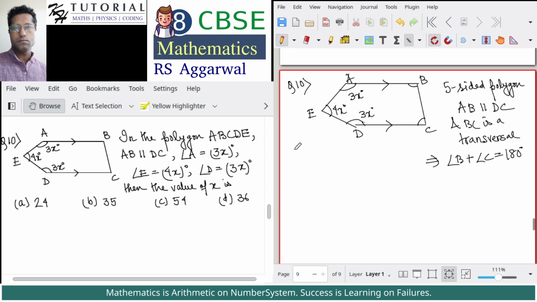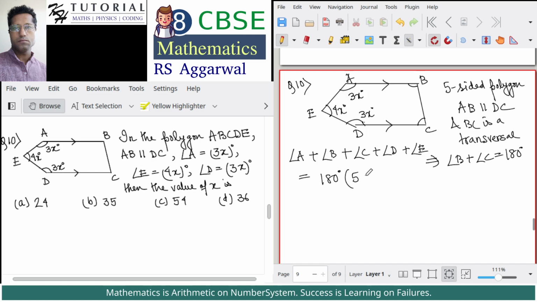Also, this is a polygon having 5 sides. So the sum of all the angles in this polygon should be equal to, we know the formula, the sum of all the interior angles of a convex polygon with n sides is 180 degrees multiplied by (n minus 2).